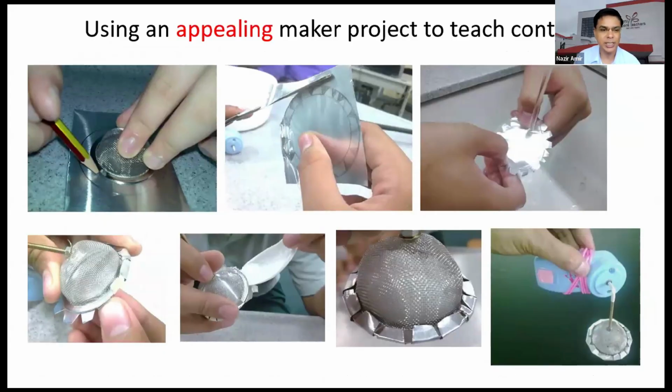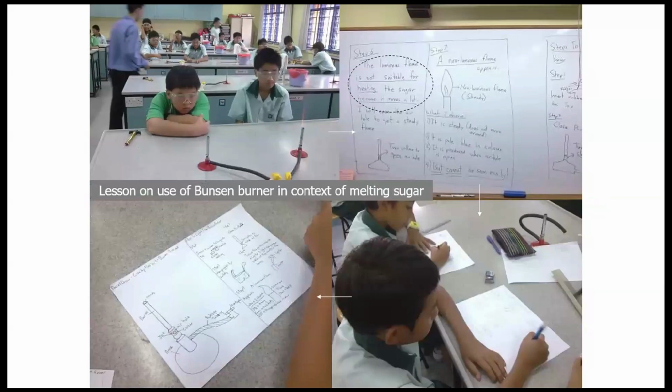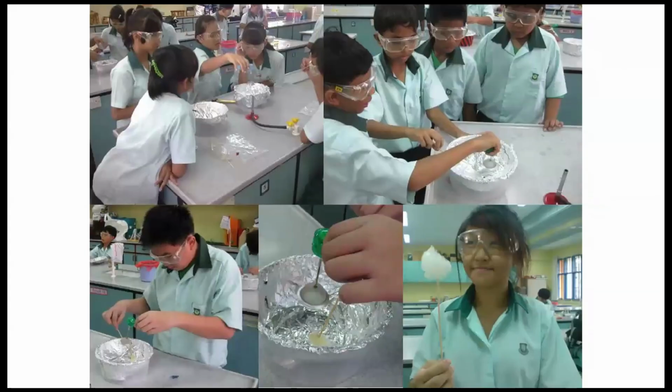We told the students to cut this aluminum plate and put some sugar inside and attach it to a motor. All this is done within maybe 30 minutes or so, very fast. And then we told the students to learn about the Bunsen burner. And after they learn about the Bunsen burner, we will make something exciting. Let's watch a video over here.